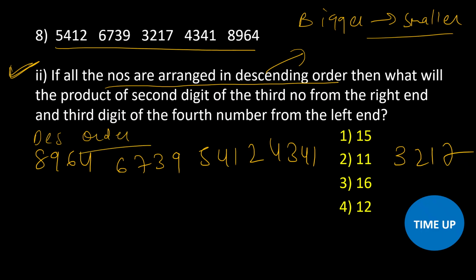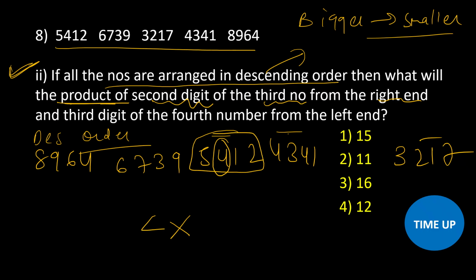Now what they've said, the product they want. Second digit of the third number from the right hand. Third number from the right hand is 1, 2, 3. This is the third number from the right hand. What digit they want? Second digit. Second digit is 4.